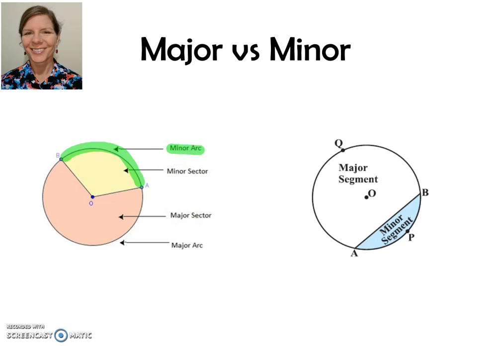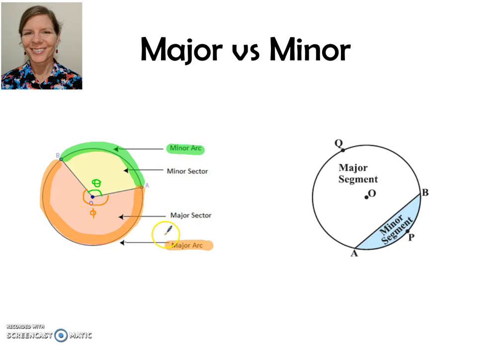Okay, your major arc is round the other side. So they're calculated in the same way, as we'll see a little bit later, the only difference being the angle that you use. So obviously for the minor arc you use this angle in here, okay, and for the major arc you use the reflex angle around the outside.